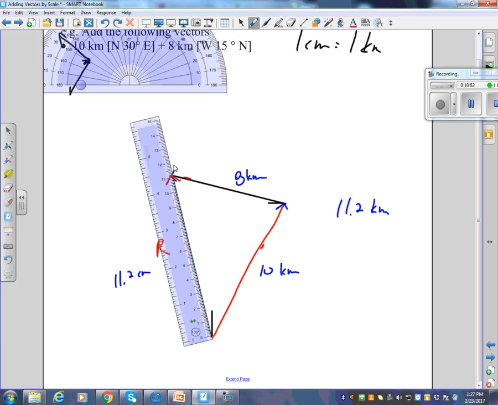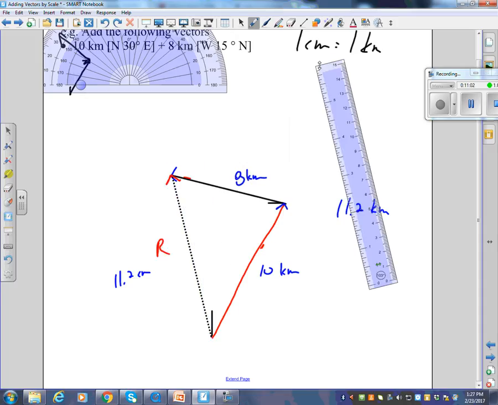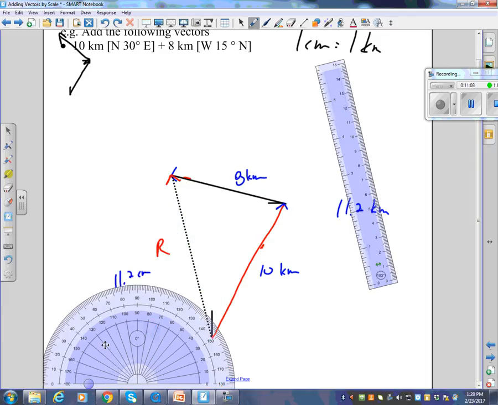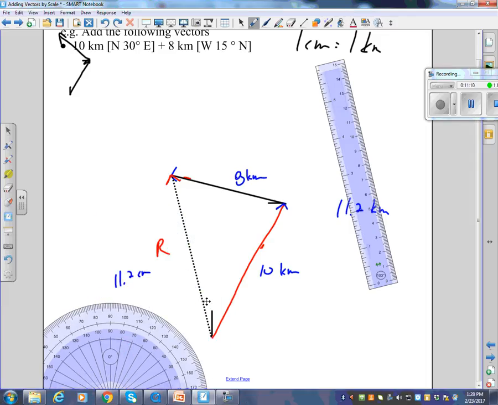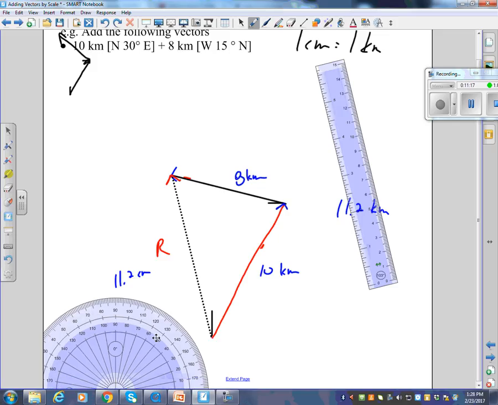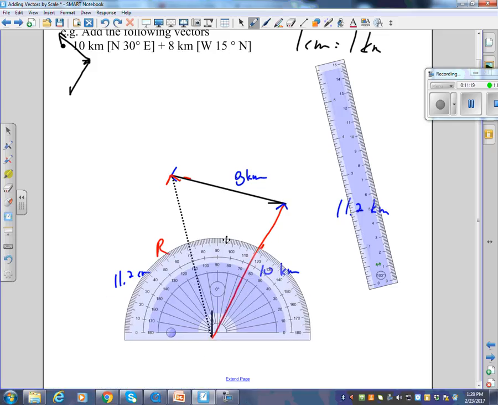Okay? Now, everyone's got to look up here. Pay attention. This is the number one mistake that happens next. When you measure, what angle are you measuring? The resultant. You don't measure this angle here.